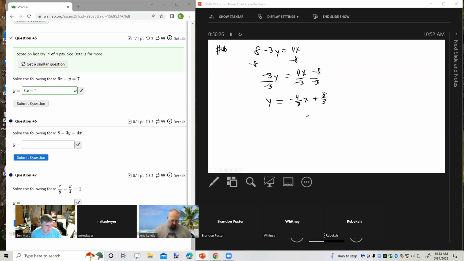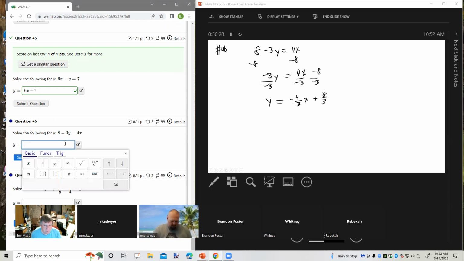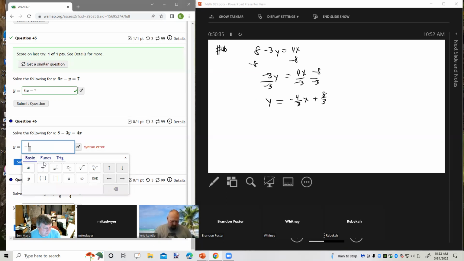All right. So let's see. Y equals negative 4/3 x. And notice I moved the cursor outside. I don't want to have the x in the denominator, okay? It needs to be out in front or in the numerator.